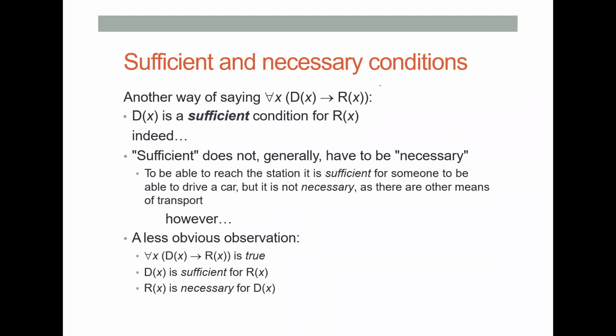So what about the necessary condition? R of x is necessary for D of x, and it should be dealt with in a negative way. If R of x is true, it means that x can reach the station. Does it mean that x knows how to drive? Not necessarily. But if I'm saying that x cannot reach the station, then 100% x cannot drive.